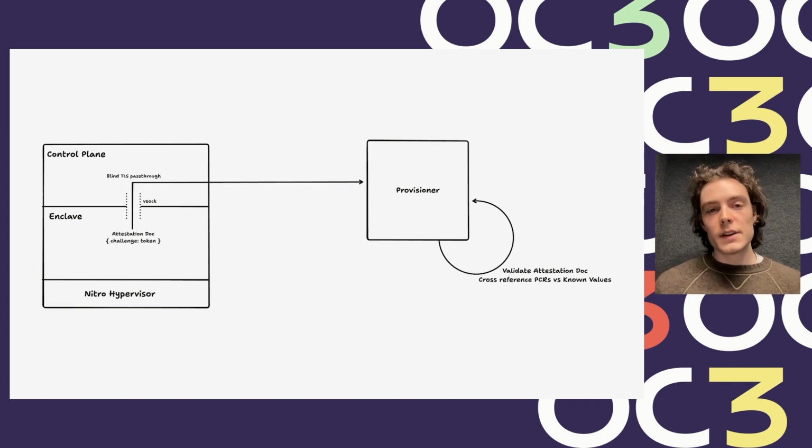Once the provisioner receives this attestation document, it's able to decode it, validate it, and then extract the PCRs from it and cross-reference them against our database. Additionally, because it was the original signer of the token, it can validate the signature over the token, which allows us to correlate the trust of the control plane host process with the trust of the enclave and its PCRs.